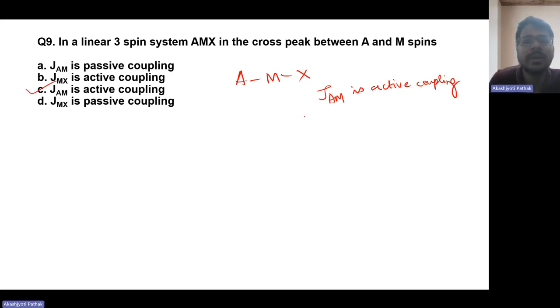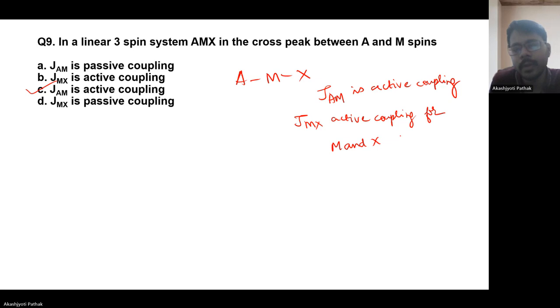If you are considering the cross peak between M and X spin, then JMX is the active coupling. Okay. JMX would be the active coupling for the cross peak between M and X spins.